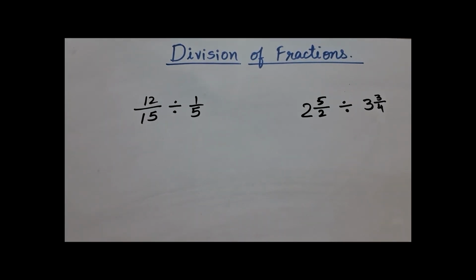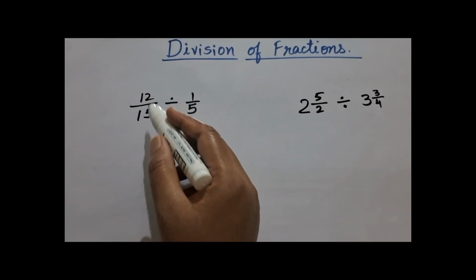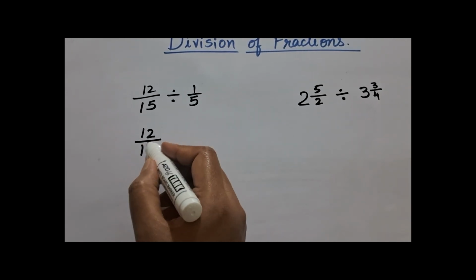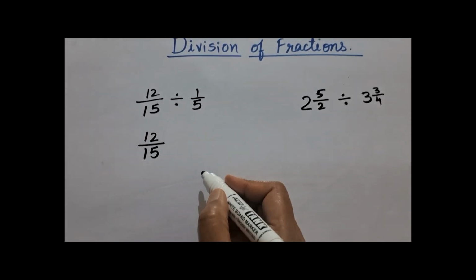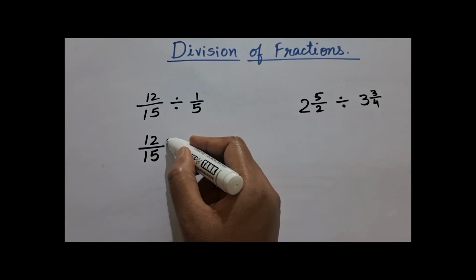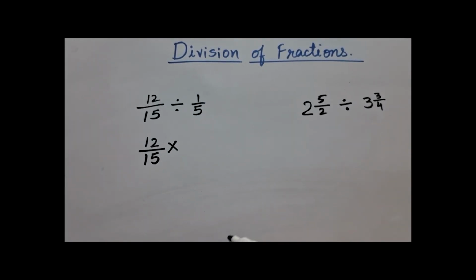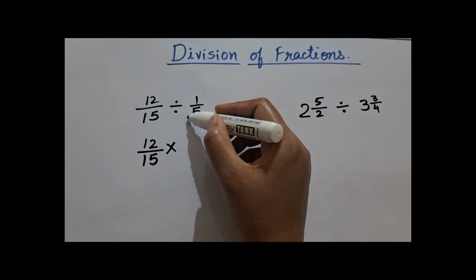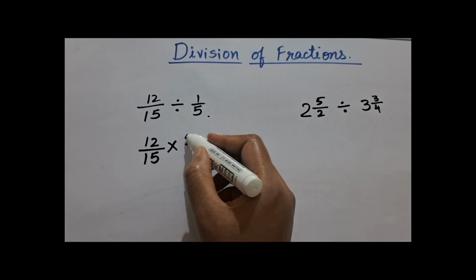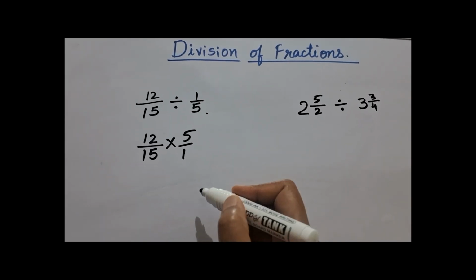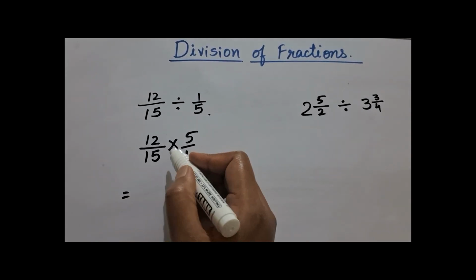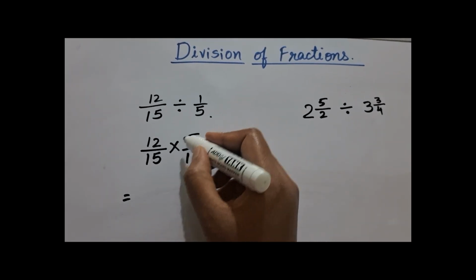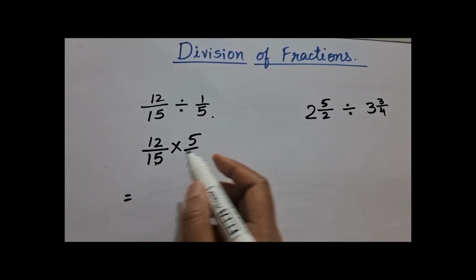Let's solve some more problems, children. Here this first fraction we will write as it is, and the division sign will be converted to a multiplication sign, and here we write the multiplicative inverse of 1 by 5, that is 5 by 1. Okay children, then what we will get here is the multiplication of two fractions. One numerator, one denominator is cancelling here.